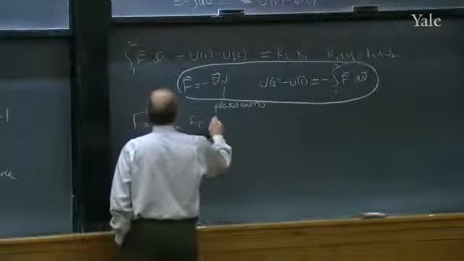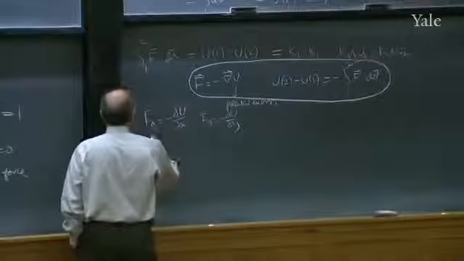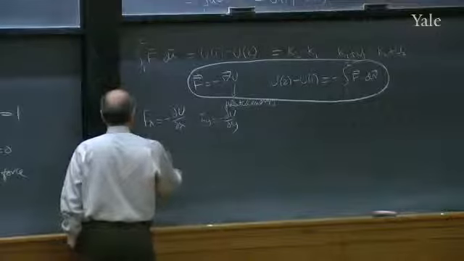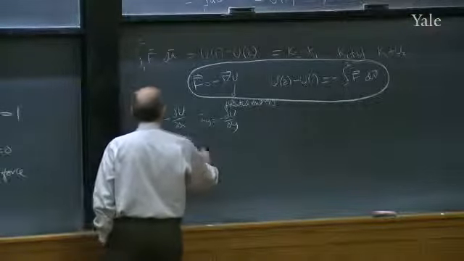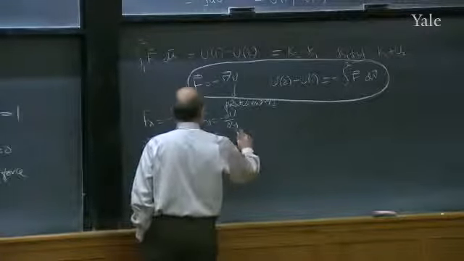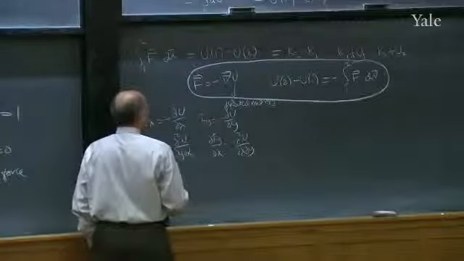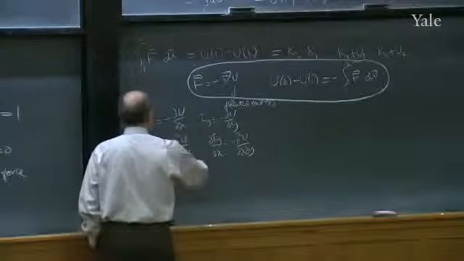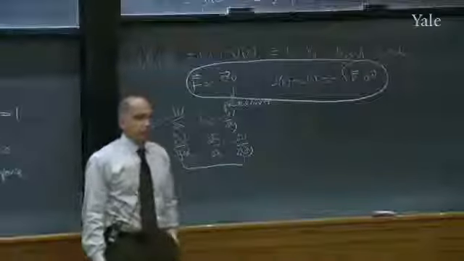Fy is minus du dy. Then consider dfx dy, which is minus d2u dy dx. Then consider dfy dx, which is minus d2u dx dy. And it's a property of partial derivatives that the second cross derivative is independent of whether you take dy dx or dx dy.